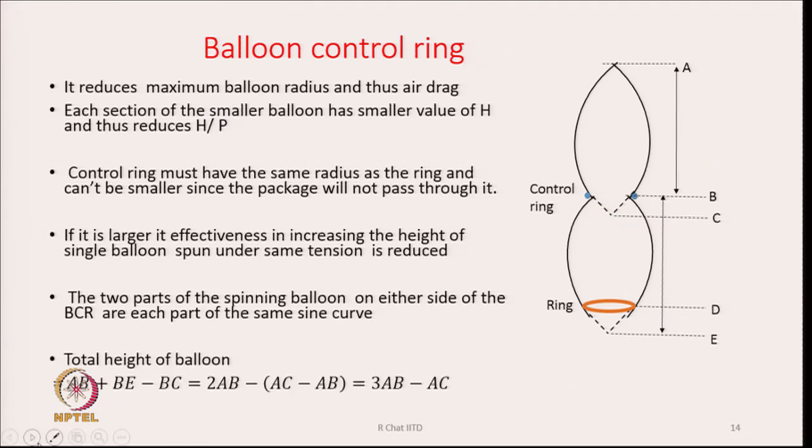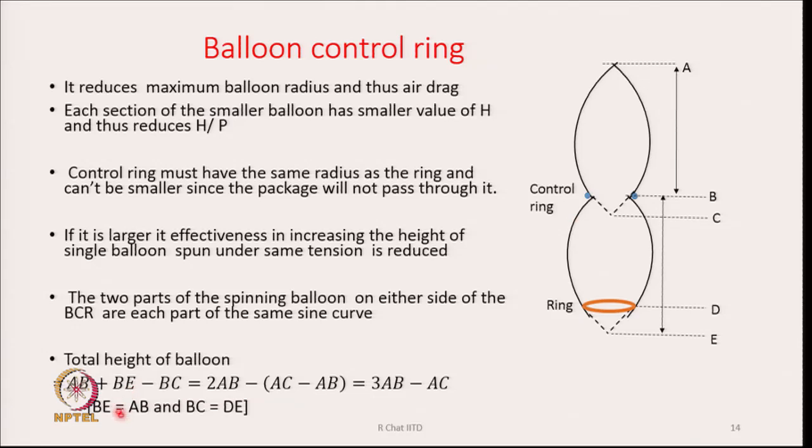Total height of the balloon, if I look at this diagram, it is very easy to understand. The total height is AB plus BE minus BC, because within BE, BC is also coming. And we know that AB and BE are the same, basically both the balloons are of equal size, so they will be the same in terms of length.